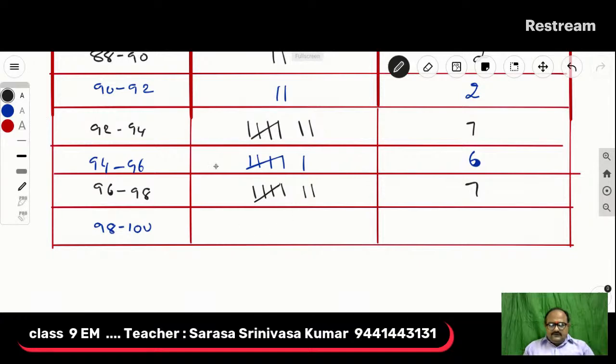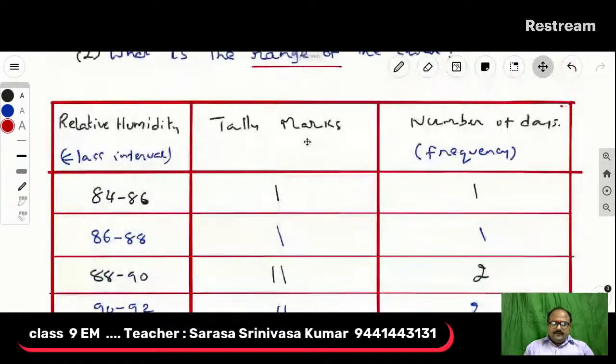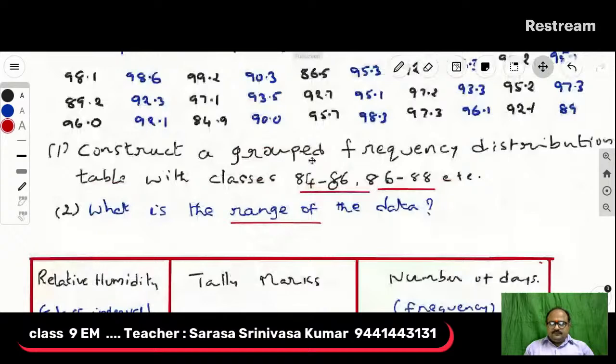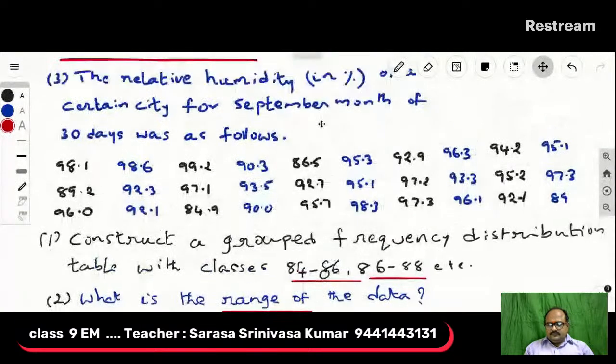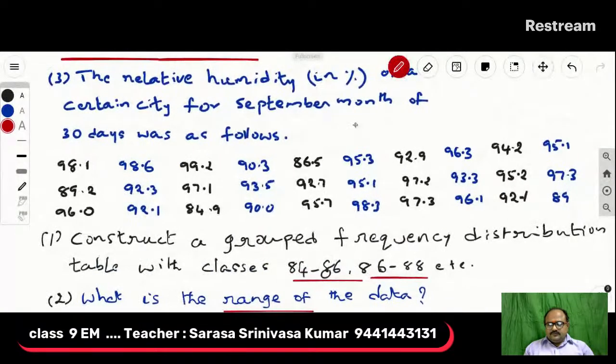Now we consider the next class interval, 98 to 100. Here this is the 98 to 100 class interval. So this is the first observation.